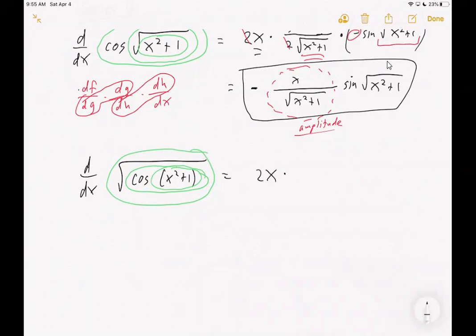Layer 2 is going to be the negative sine of the inner layer of layer 1. And then it's going to be a little bit messier, we have the outer layer, which is a square root. So that's something to the half power. So that will end up being half of something to the negative half. And what goes inside of the square root is everything in layer 1 and layer 2.